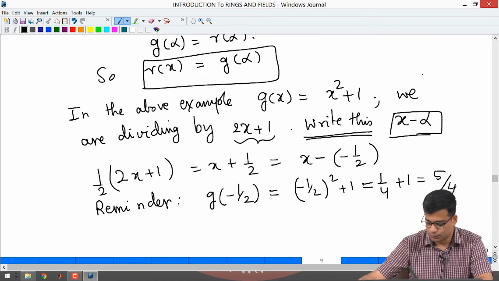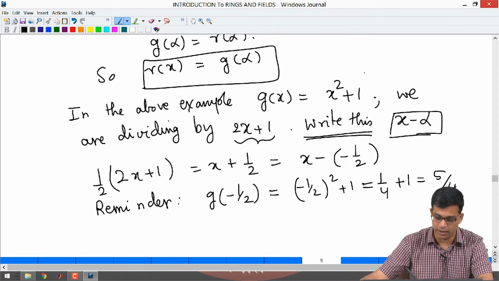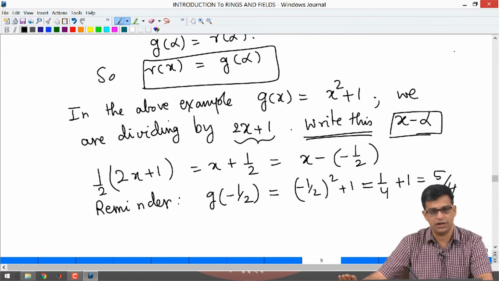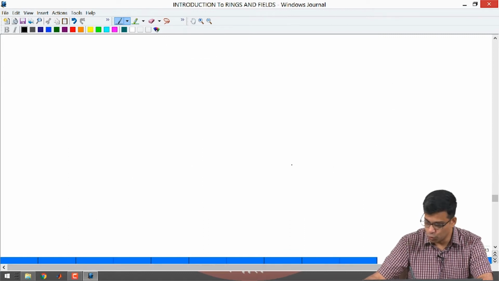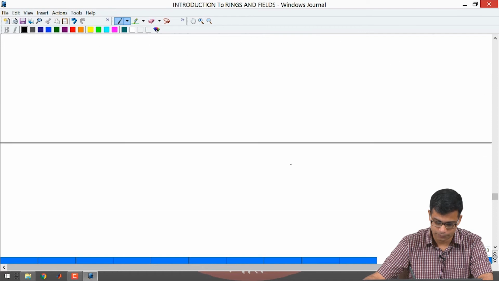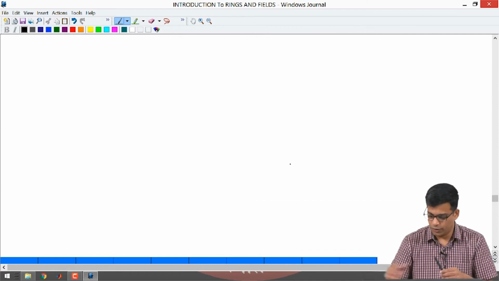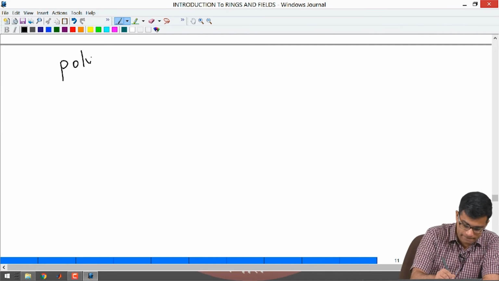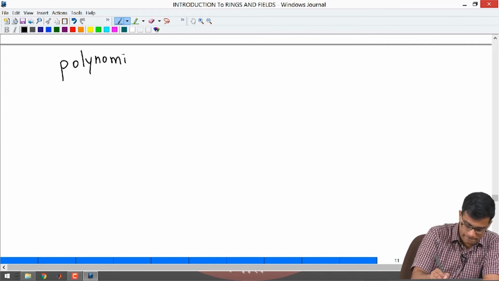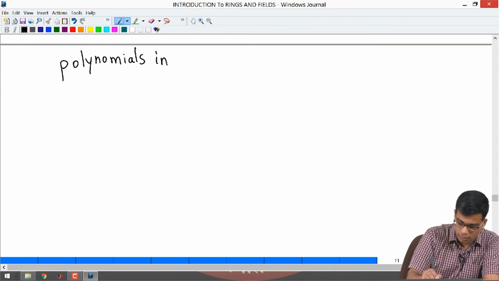Next we learned how to divide polynomials. While division is not always possible, we can always divide as long as the leading coefficient is 1 or unit more generally. So, now we want to talk quickly about polynomials in several variables.